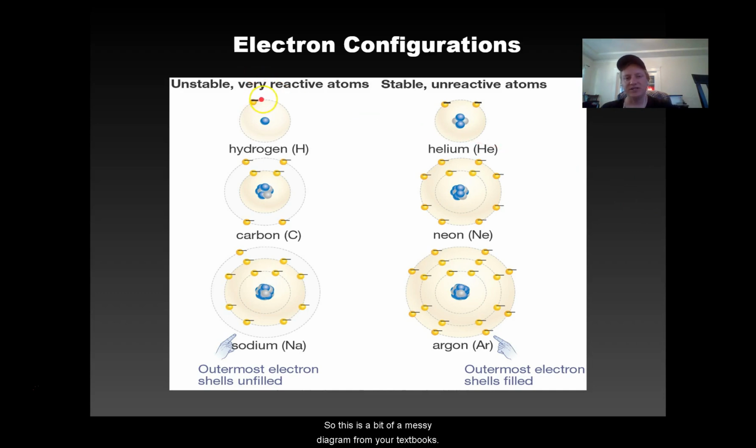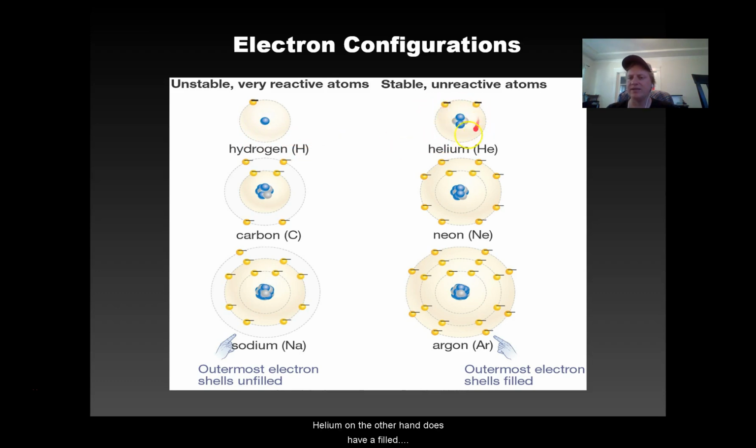So this is a bit of a messy diagram. It's from your textbook. Hydrogen is not stable because it does not have a filled outer shell. And if you've ever seen a video of the Hindenburg, you will know how unstable hydrogen is.